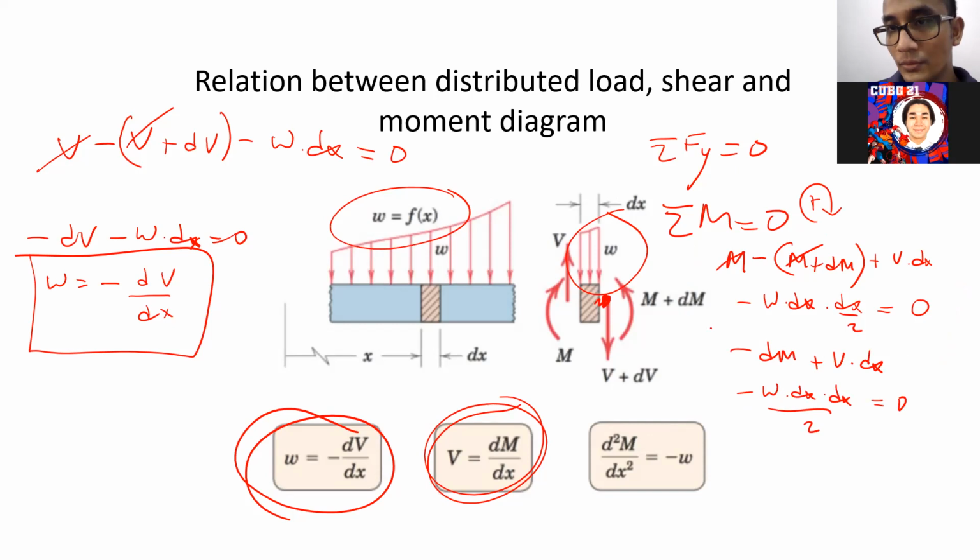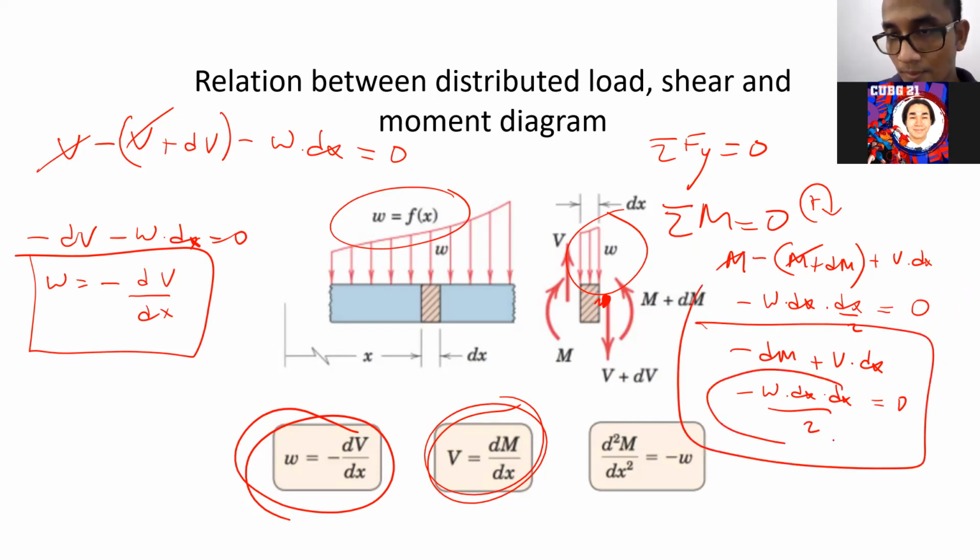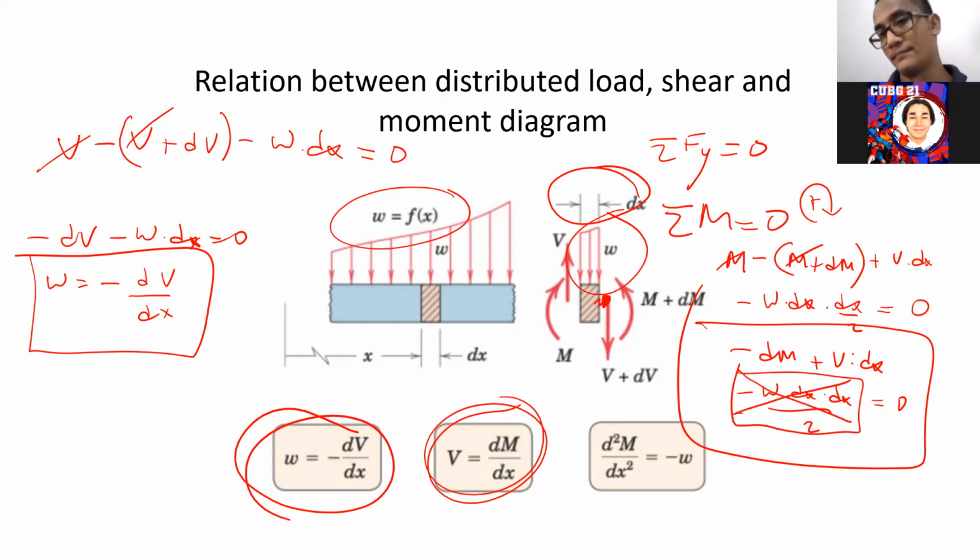If you look at this part, we have W multiplied by dx multiplied by dx over 2. dx is small because the element is very small, and if we multiply dx with dx, it will be very, very small. So this particular part is negligible, and we are left with minus dM plus V dx equal to 0.